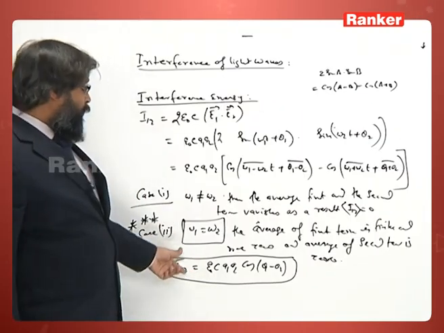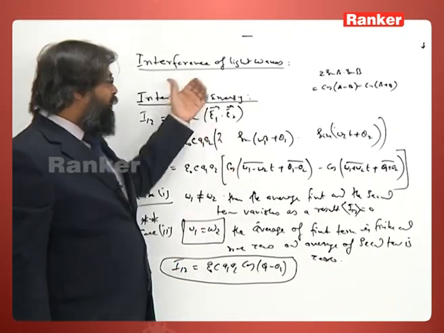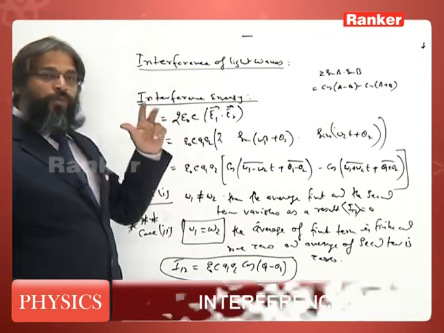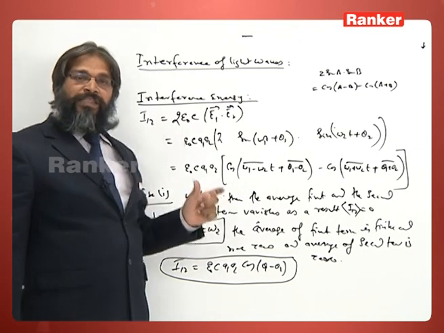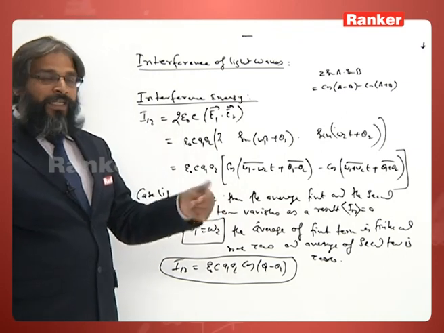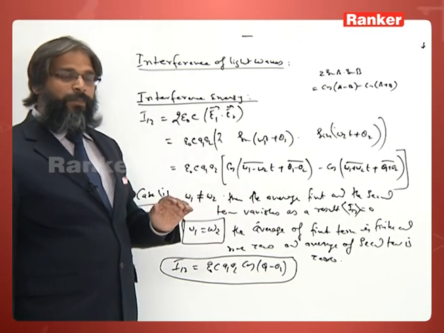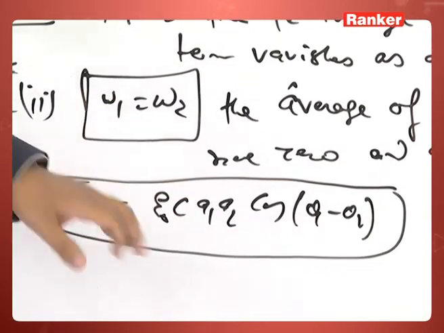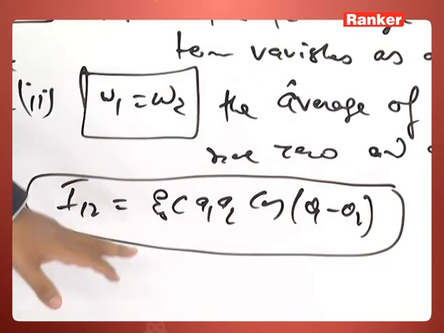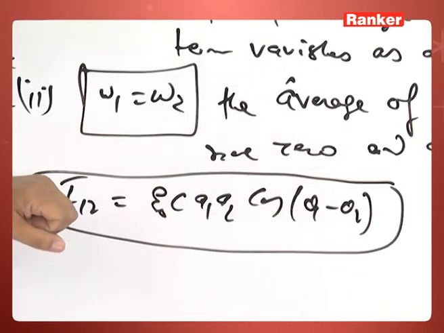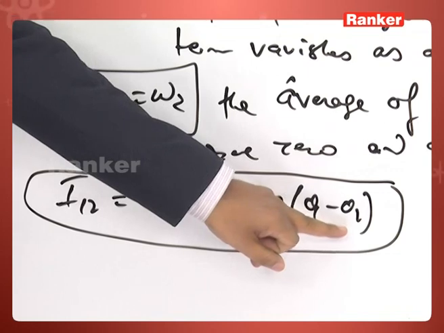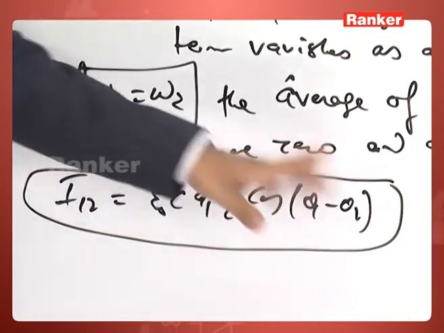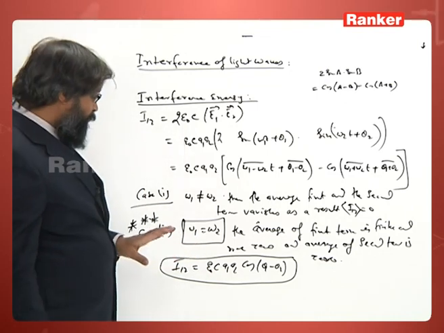We can further refine our definition of interference: when two waves of the same frequency superimpose, then the redistribution of energy takes place, and this phenomenon is called interference. Here the interference energy depends on theta 1 minus theta 2. That means I12 may have any sign, which will depend on theta 1 and theta 2.